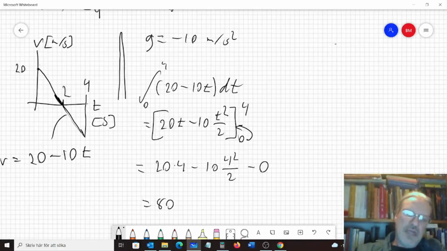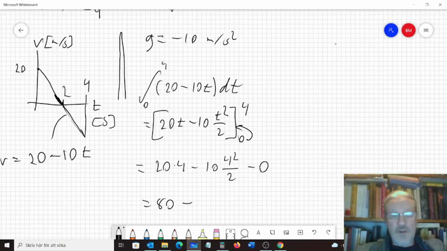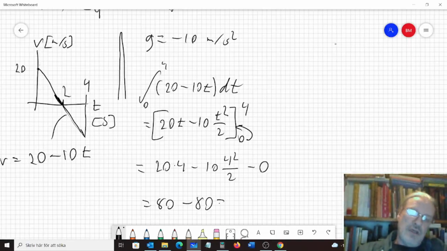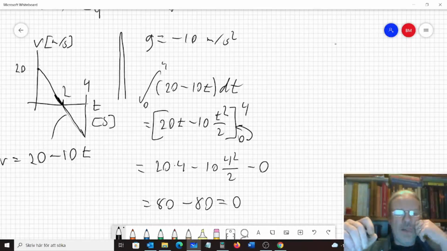So that will become 80 minus 4 squared is 16, divided by 2 is 8, times 10 is 80, and we indeed get the area 0. So the total displacement after 4 seconds is 0.